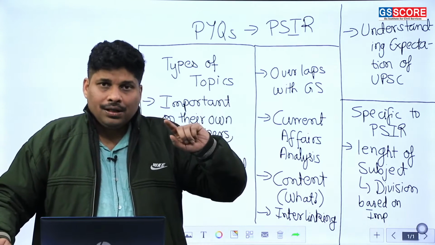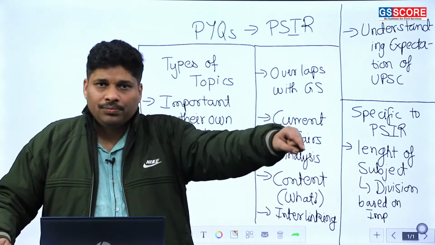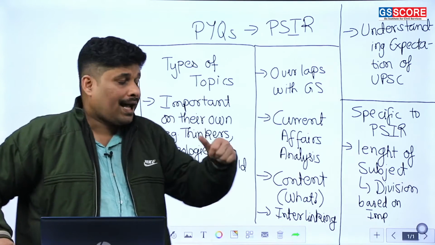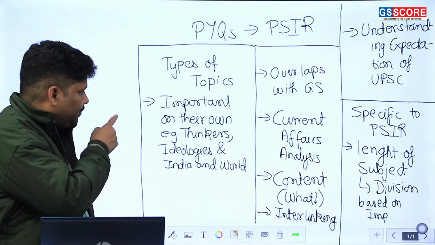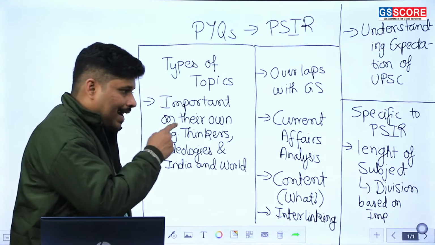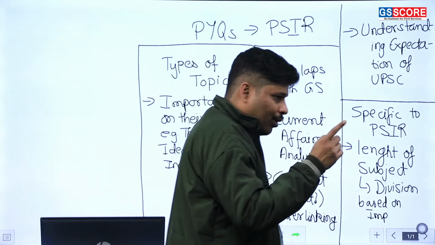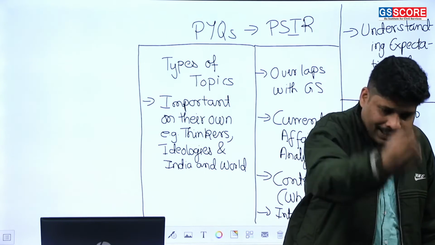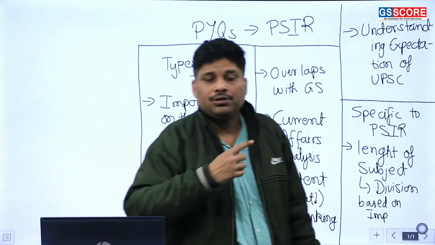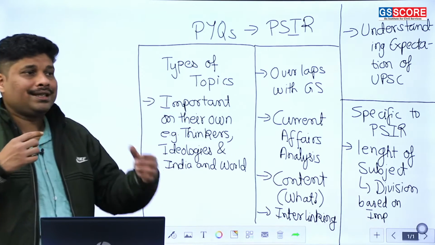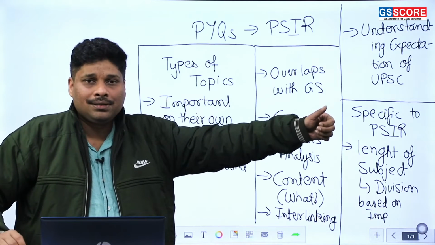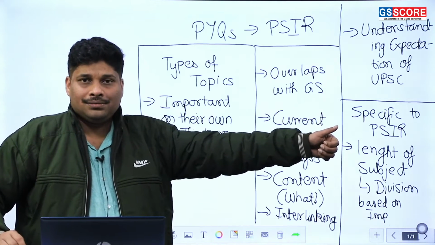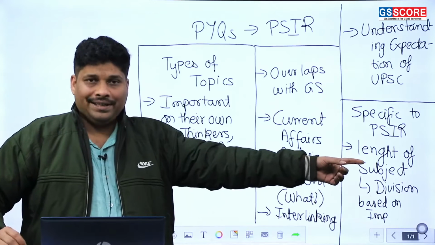So यहाँ पे क्या हुआ? Question is asked from the topic of equality, but I am using thinkers. So these topics are important on themselves also because questions directly appear from these topics, and also because they form good content for other topics to write the answer. They provide a bridge for interlinkage.